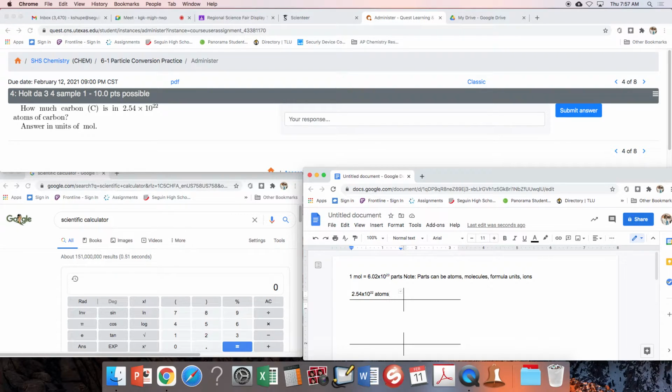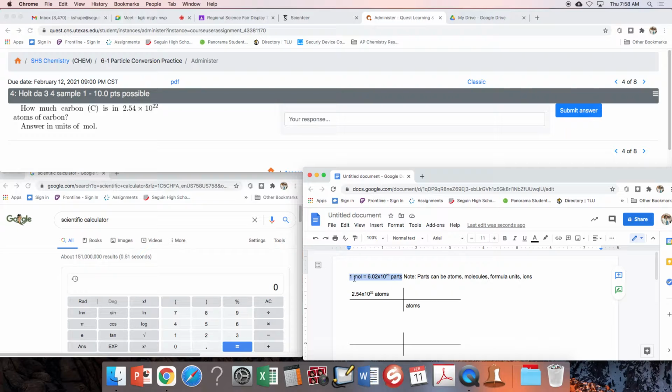All right, and if I've got atoms top left, we should know by now in dimensional analysis that I need atoms down here. And remember, with a couple minor exceptions, most of which are extra credit, the only conversion we can use if I'm dealing with the 6-1 particle quest is that, as you can see right here, 1 mole equals 6.02 times 10 to the 23rd parts.